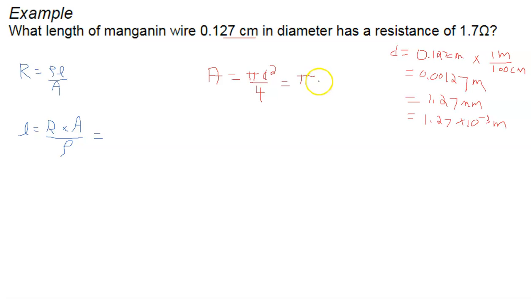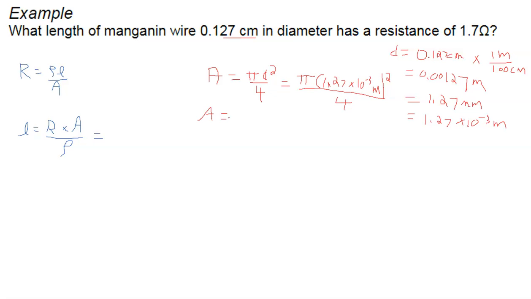So when we put that in here now, pi times 1.27 times 10 to the negative 3 meters squared. And so our idea is that we want base unit to get our decimal in the right spot. Okay, so area is equal to. Now, we're putting this in the calculator: 1.27 exponent negative 3.